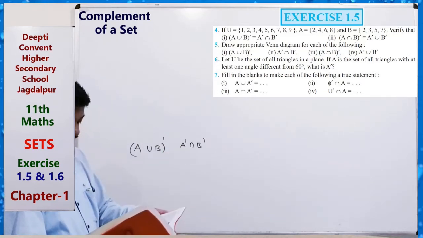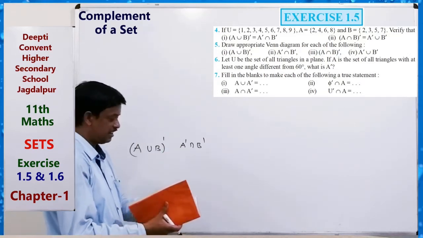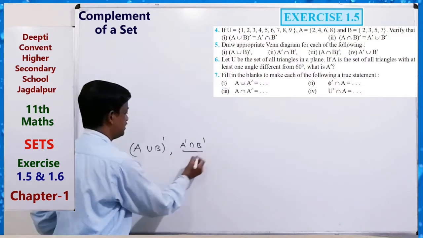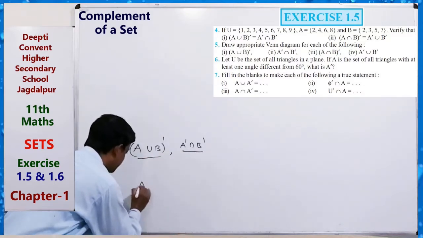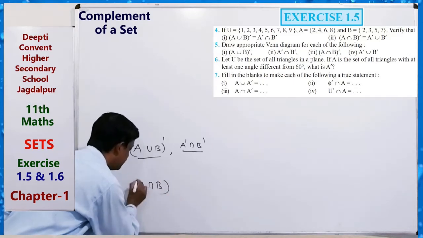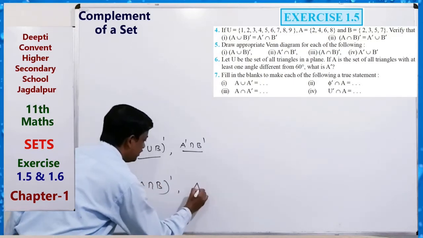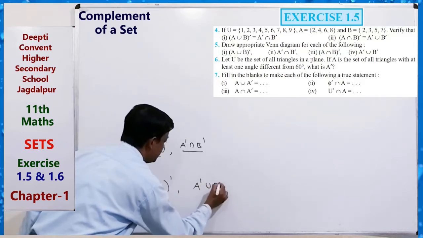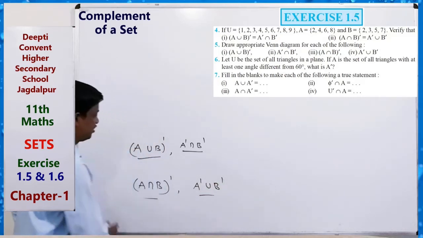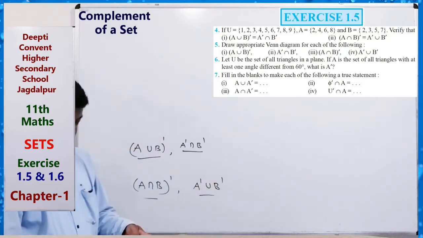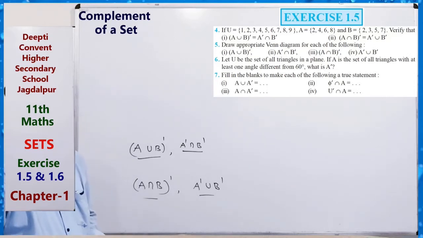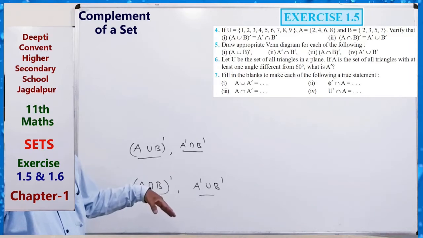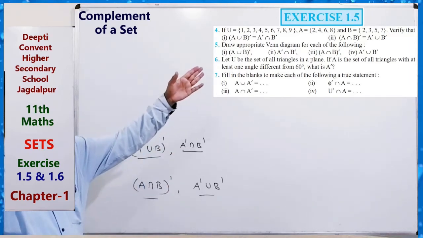Okay, and second is what? A dash intersection B dash. This is second, this is first. And also A intersection B dash, and also A dash union B dash. These 4 values, for these 4 values we have to draw Venn diagram.